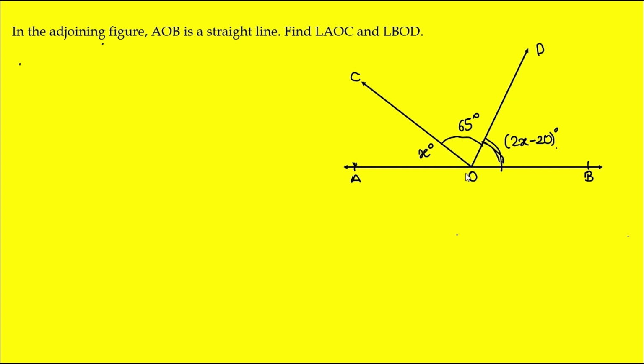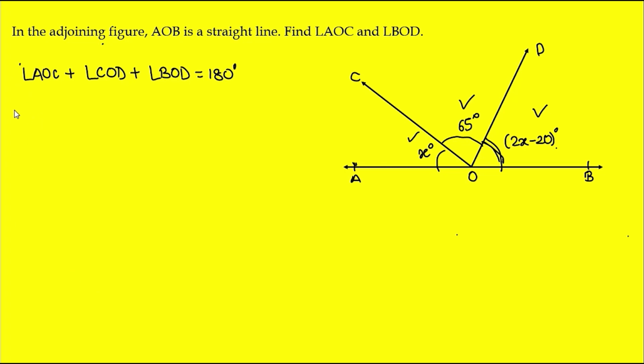Angle AOC, angle COD and angle DOB, if you add these three angles, will give you a complete 180 degrees. So we will write angle AOC plus angle COD plus angle BOD gives us 180 degrees.